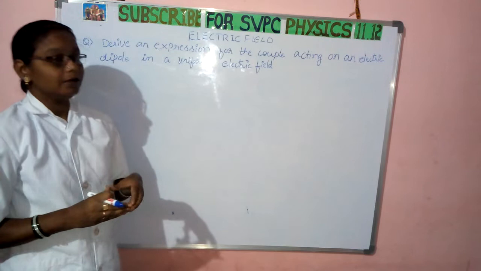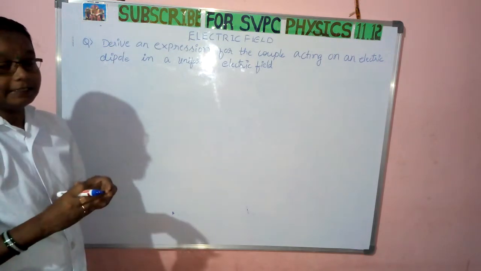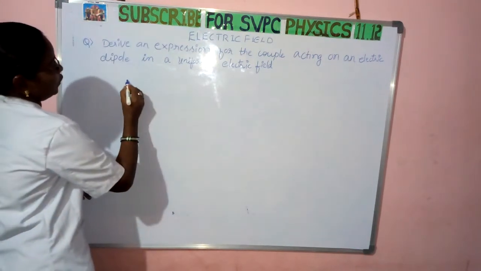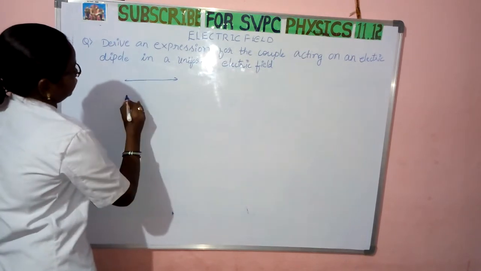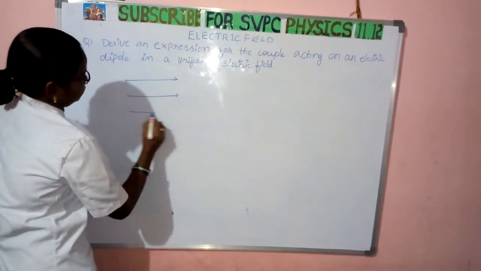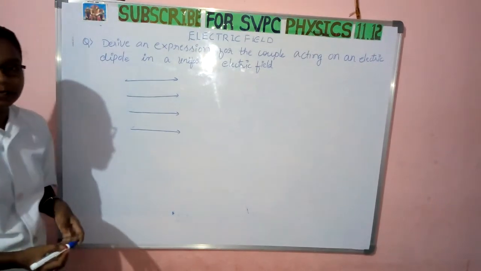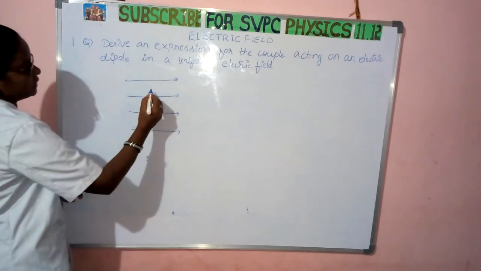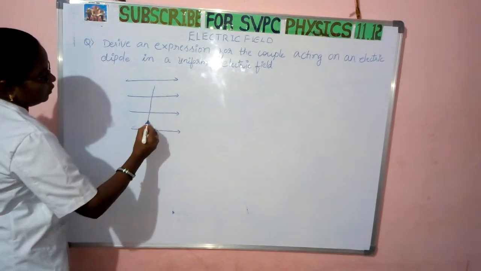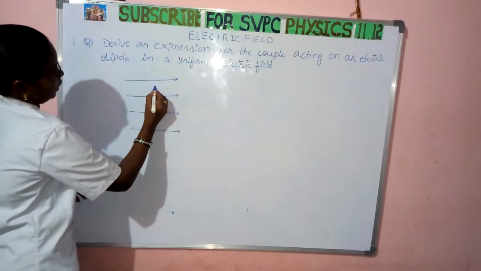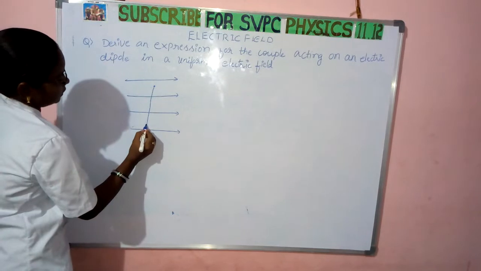So here, let us consider a uniform electric field. This is the uniform electric field, and we place two equal and opposite charges.